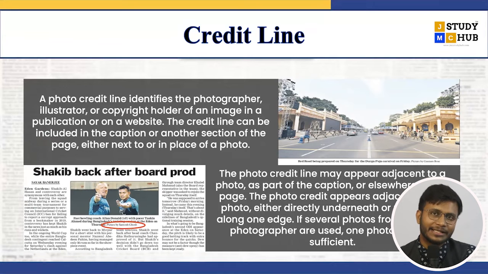It's like saying thank you to the persons who created or provided that particular image. When you see a beautiful or interesting photo in a newspaper, the credit line tells you who deserves the applause for capturing that particular moment or providing this picture. Okay, so that is the credit line.